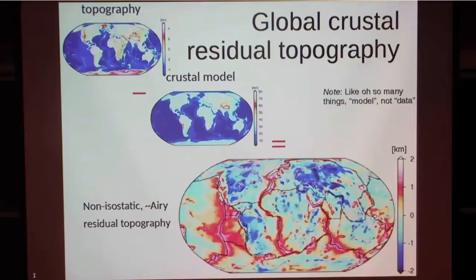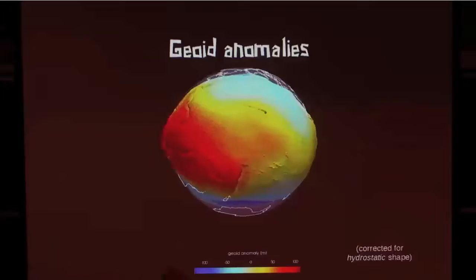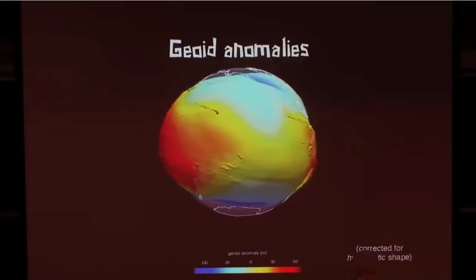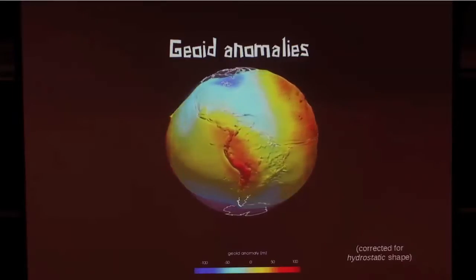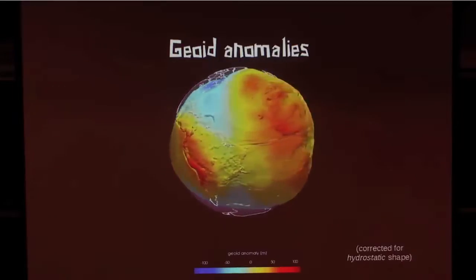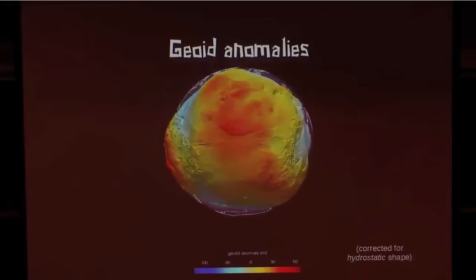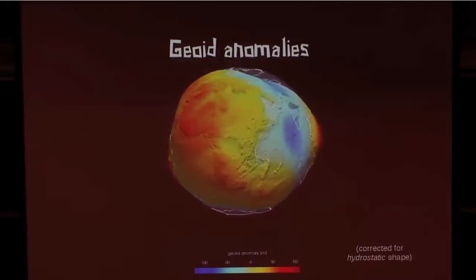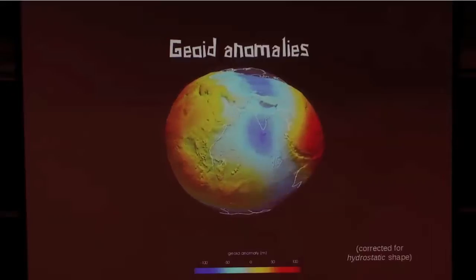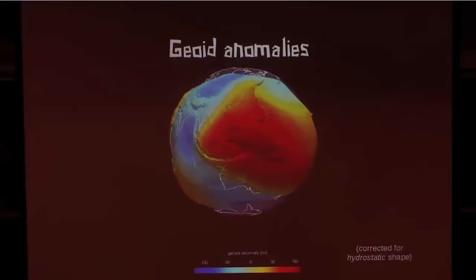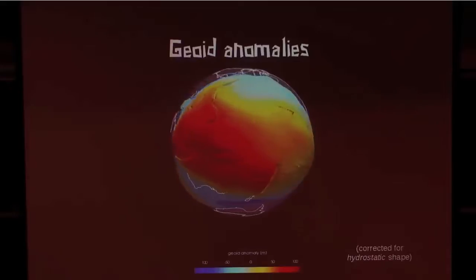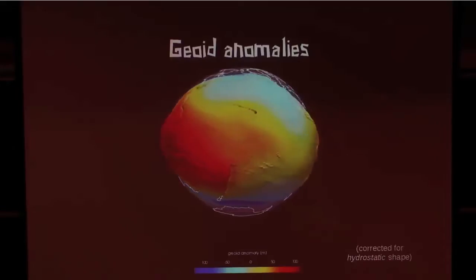Now, talking about things at the surface, we can also look at the overall gravitational shape of the Earth and look at the geoid. The geoid is the equipotential surface where, once we take the derivative, we get out a constant gravitational acceleration. It corresponds to sea level, to the wave height if you average out the waves over the oceans.